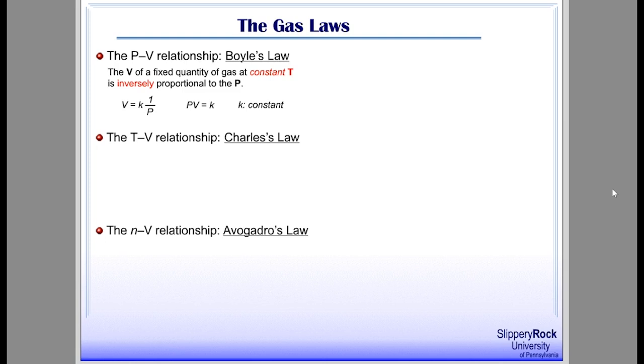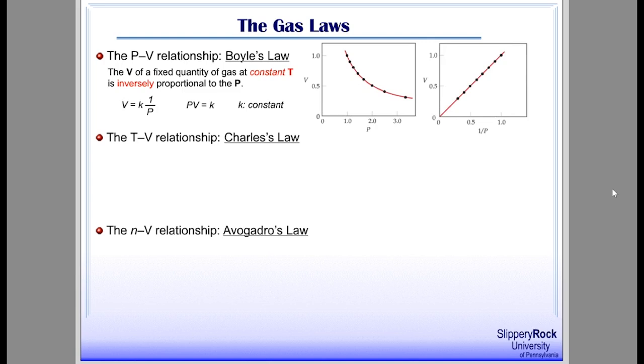Experimental evidence of Boyle's law is given in these two graphs, demonstrating the volume of gas is inversely proportional to pressure and directly proportional to 1 over pressure.